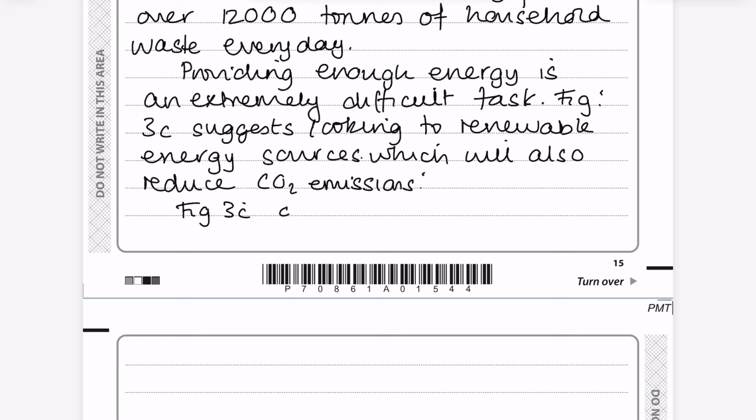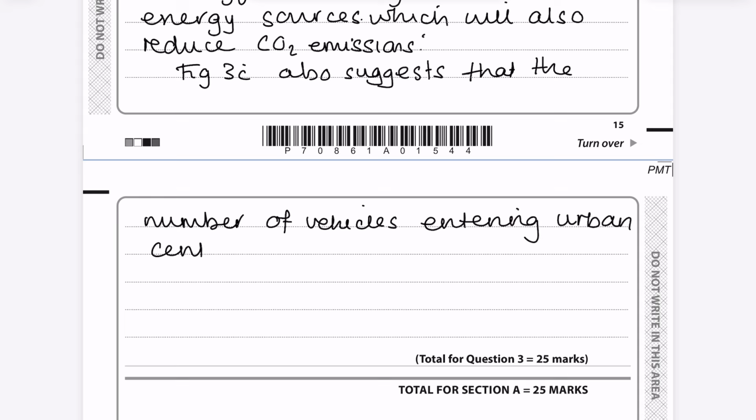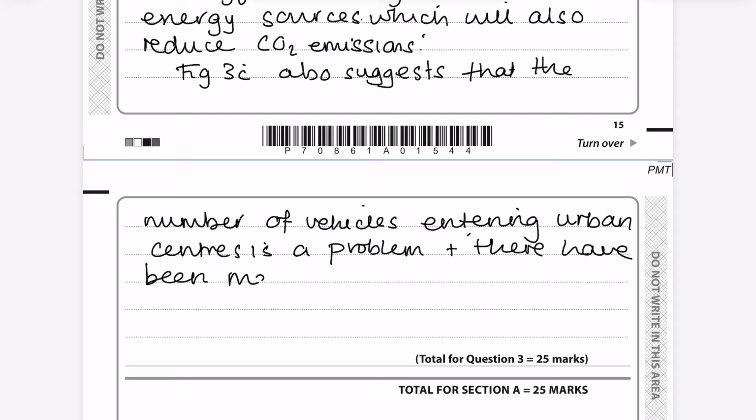Figure 3C also suggests that the number of vehicles entering urban centres is a problem, and there have been moves to limit their numbers.